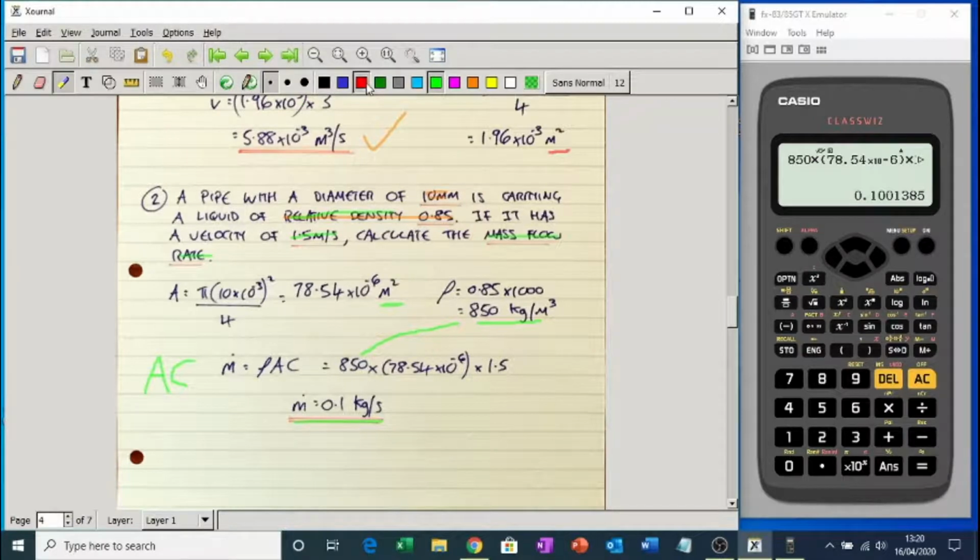Let's do red. Mass flow rate 0.1 kilograms per second. Not much, only a 10 mil pipe. So that's the mass flow rate of whatever this is. Kilograms per second. Tick.